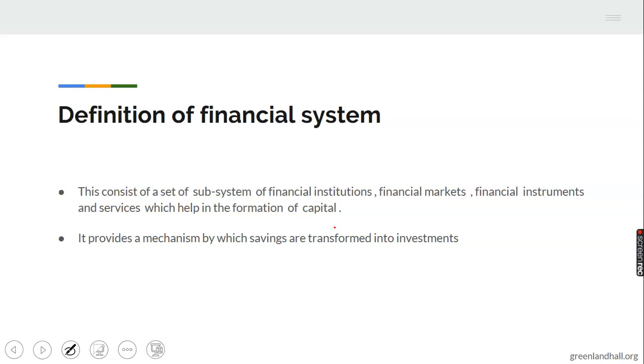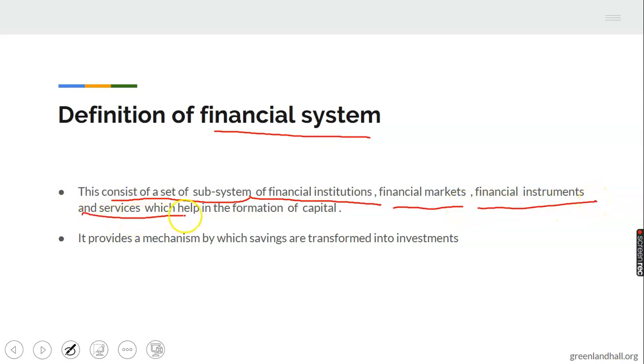So when we say financial system, what does that mean to us? Financial system consists of a set of subsystems, that is a set of other smaller units or components of financial institutions, financial market, financial instruments, and services, which help in the formation of capital.